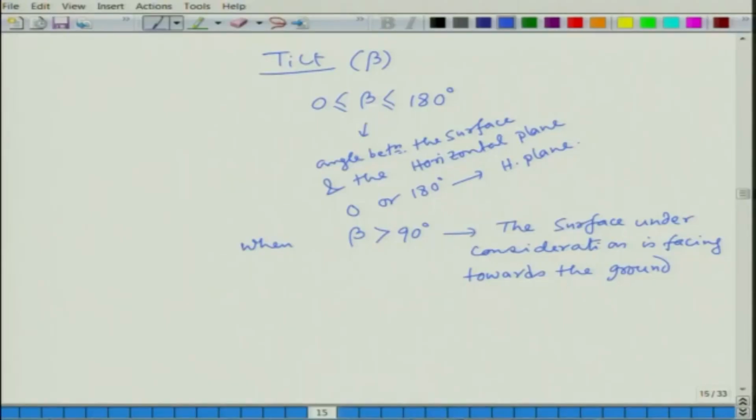That is where you will get beta to be more than 90 degrees, but it cannot go less than 0. So, rather than a sign convention, I would say this is the range of values.